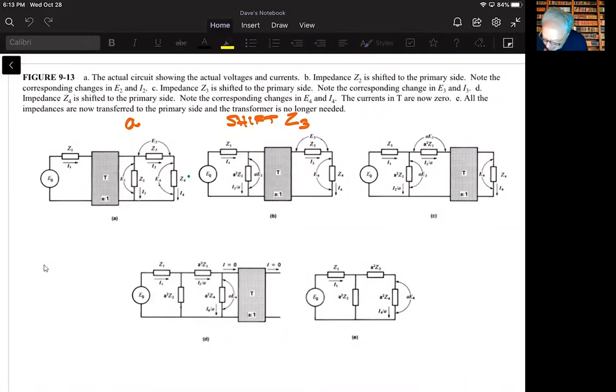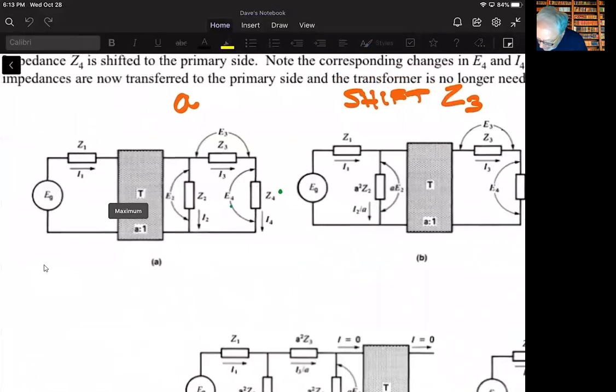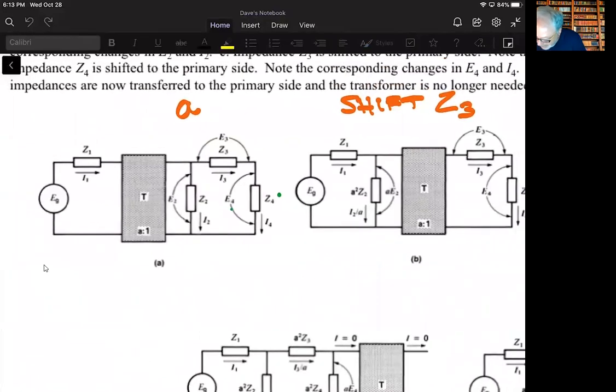So here is Z2, and if I want to shift that to the primary side, what I do is I move it to the same position and change it to a squared times Z2.